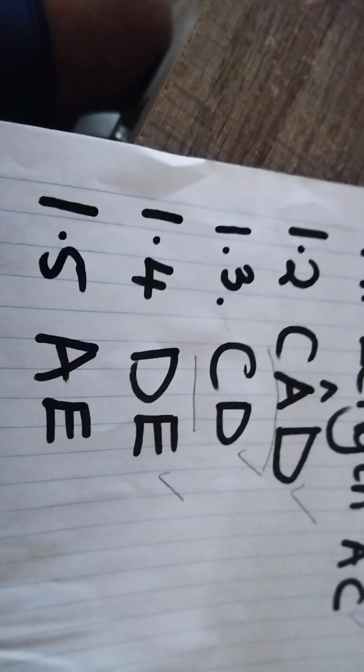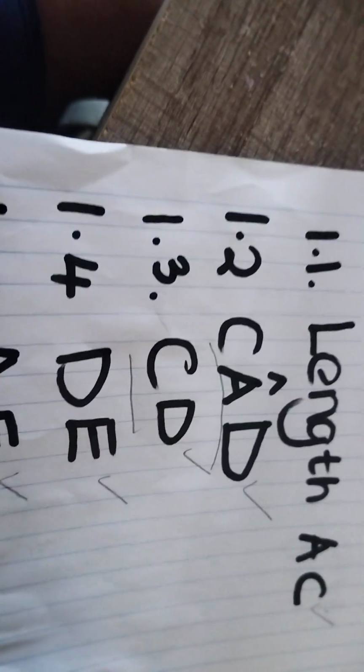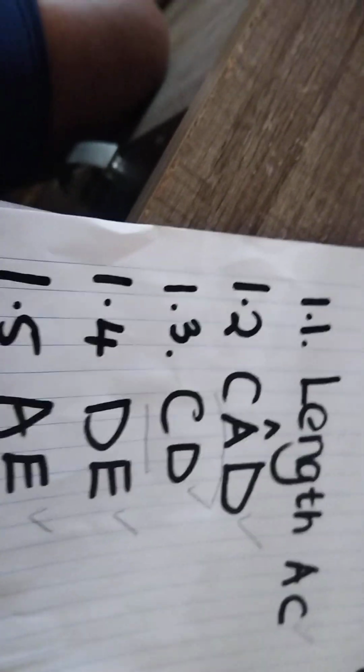Then the last question asks us for AE. Looking at AE from our diagram, AE is this side. In triangle ADE, AE with reference to this angle 11,81 is the hypotenuse. So we have the hypotenuse, we have the opposite we found, and we have DAE.